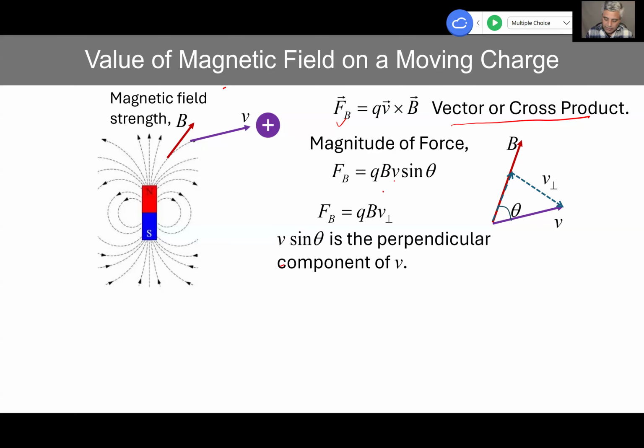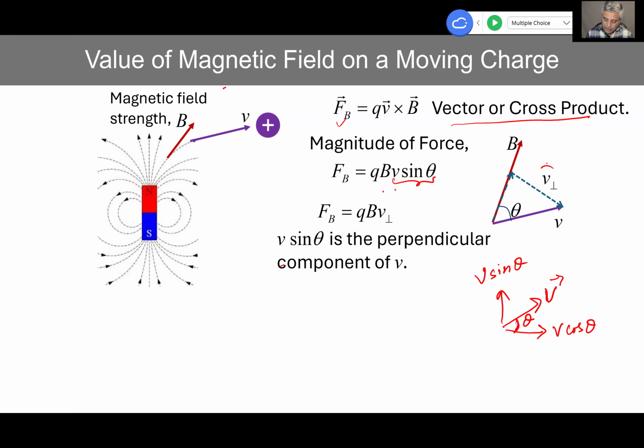And by the way, this V sine theta also can be thought of as a component of V. Remember, we can have a vector that has a horizontal and vertical component. So if this angle is theta and if this vector is V, then we can write this as V cosine theta because this is adjacent, and this is V sine theta. Similarly, this line here is opposite.